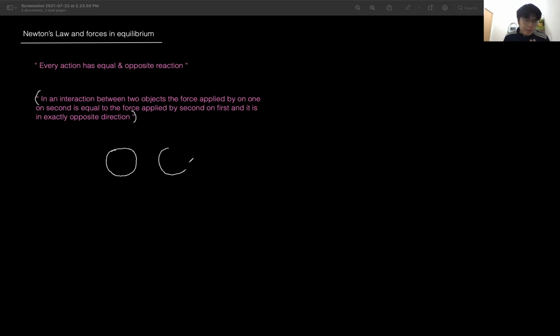Okay, say that we have two objects here. One ball is hitting another ball. Let's say the first ball hits ball number 2. The force produced by the first ball on the second ball, I label F1 on 2.